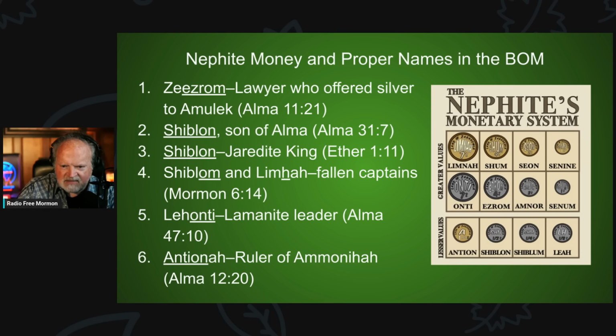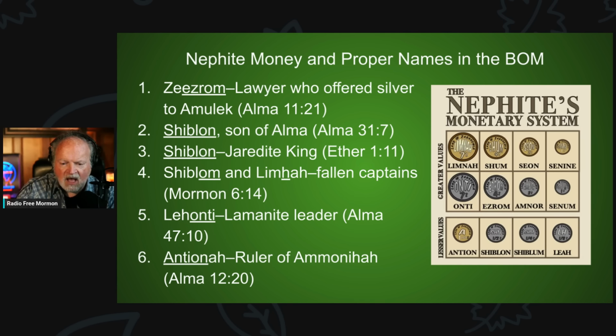It's not exactly the same as either, but boy, it looks similar, doesn't it? And also another name was Limha. Now, over here in the money, we have a Limnah, which was the highest value of gold among the Nephites, Limnah. But Limha, with one letter difference, an H for an N, is the name of the captain in Mormon 6:14. So those are very similar without being exact.